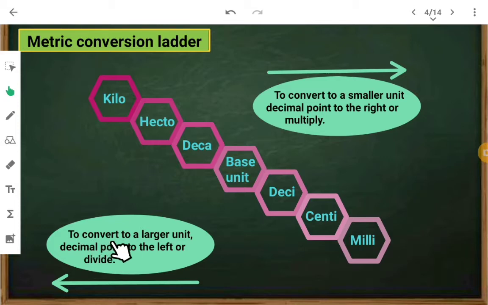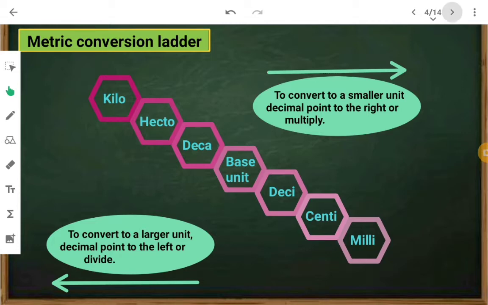That is, to convert to a larger unit, we have to divide. Don't forget this. Larger to smaller, we multiply. Smaller to larger, we divide.